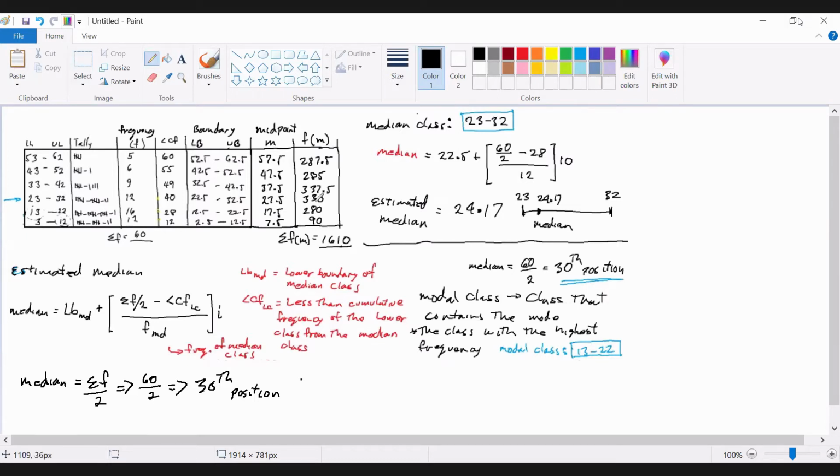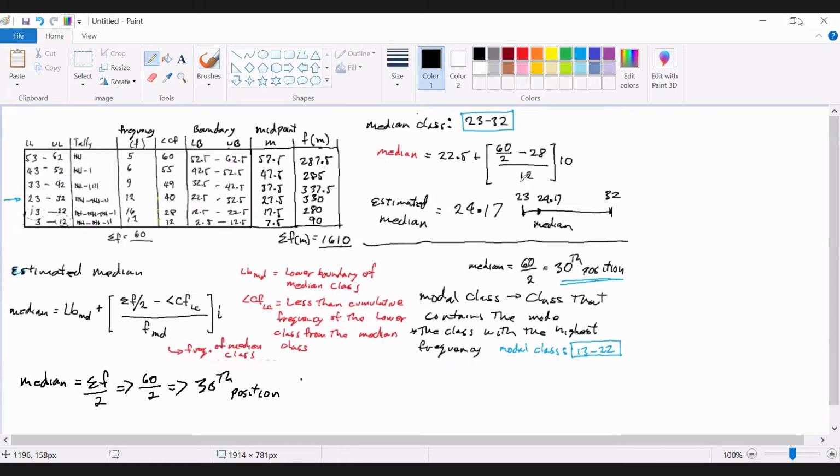Now all of your calculations in the formula are going to come from here, which means the lower boundary of the median class is going to be 22.5, plus summation of f over 2, you just got that, that's now the 30th position, minus CF of the lower class, the cumulative frequency of the lower class, that's 28, then divided by the frequency of the median class. Frequency of the median class is 12.